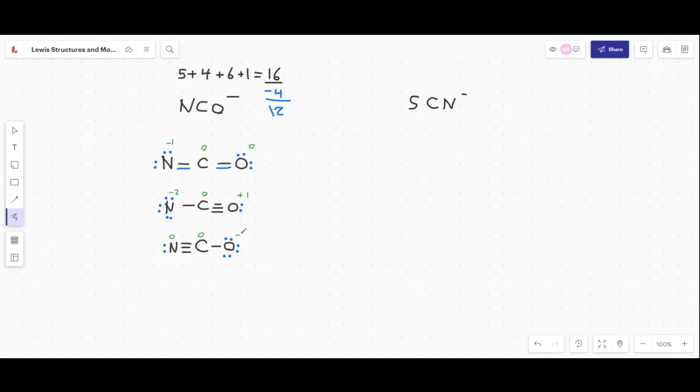Very good. So this is going to be a -1 over here. Okay, so we have 0, 0, -1, and -2, 0. Which Lewis structures of these 3 is the worst? Is the one that's least helpful in determining how the molecule will behave? Yeah, the middle one. Which one is the best?